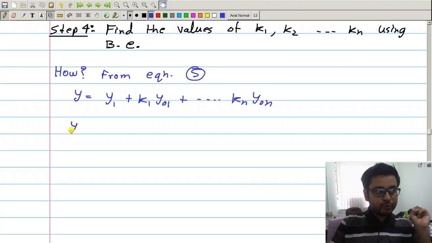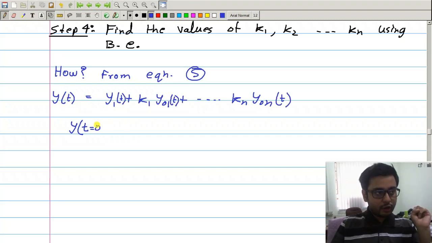Now let me put t equal to 0 in this expression of y. So here I actually have y(t). Now let me put t equal to 0, then the right side becomes like this.